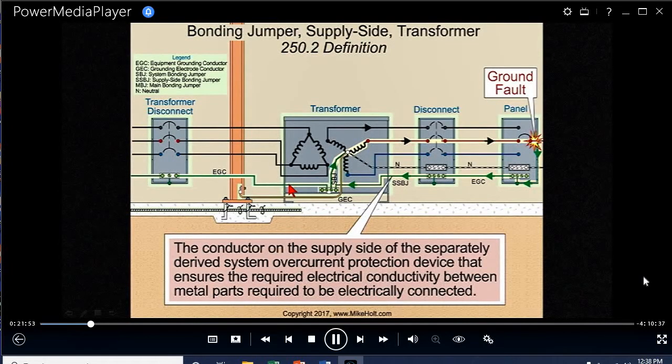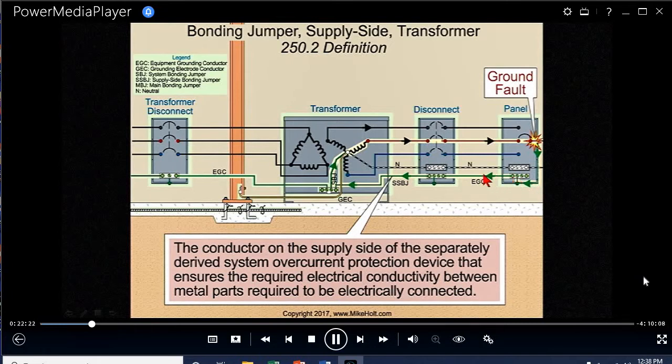Now, you also have a supply side bonding jumper at a transformer. I know this is really busy. Let's take the current. Current leaves the secondary winding, goes to the disconnecting means, and we need to remove this current right here, Mike, on the black. Current leaves the secondary winding, travels to the overcurrent protection, travels over to this location, and then there's a ground fault. Fault current travels on the enclosure, and then we have what? We bond this right here.